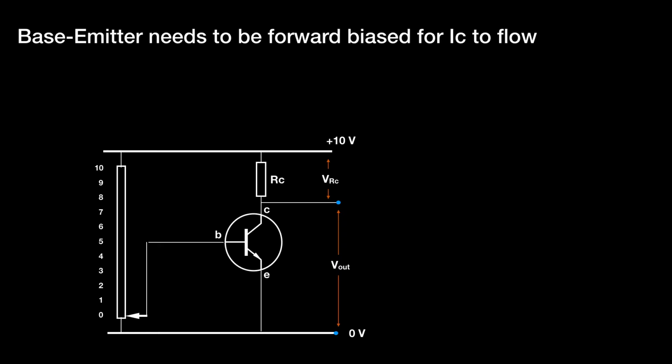So the transistor there has a load in the collector circuit. We've called that RC, for resistor in the collector circuit, and two voltages will be developed on the right hand side: a voltage across RC, which will be dependent upon the amount of current flowing through RC, and a voltage across the collector emitter, which will also be dependent on the current flowing through the collector emitter circuit.